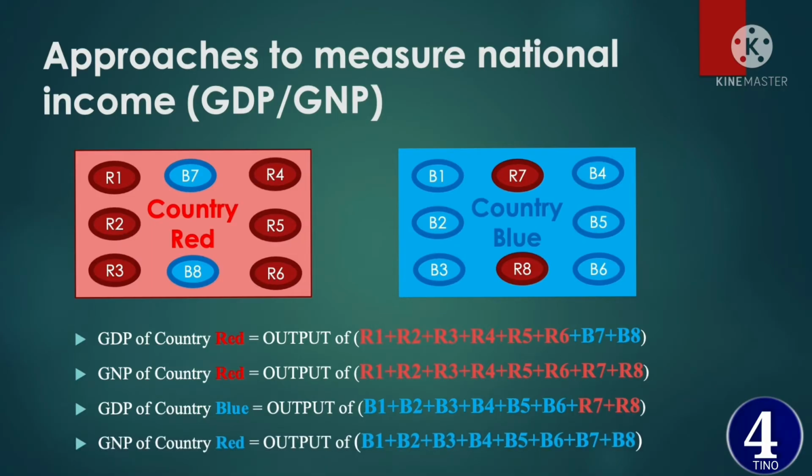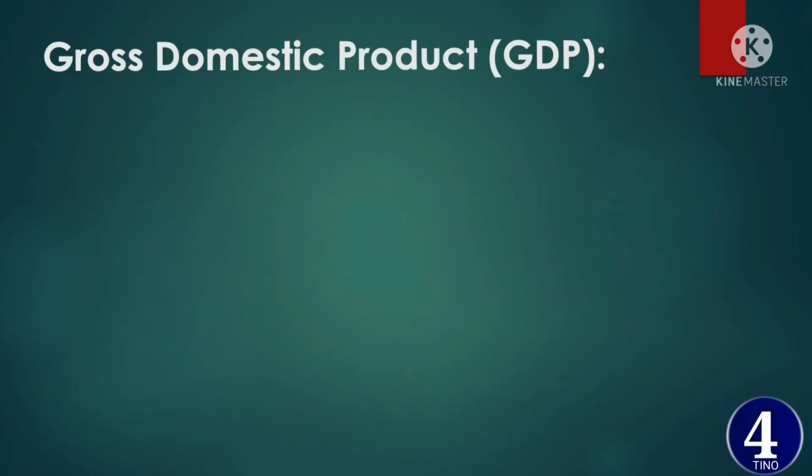But while we are calculating the GNP of a given country, we will add output produced by citizens of a given country, irrespective of their current location. Okay, so these are the basic differences between GNP and GDP. Now we can go into a detailed definition and explanation of GDP and GNP.